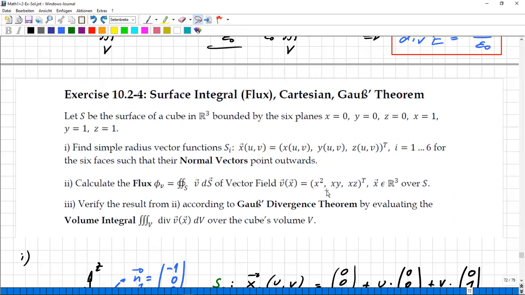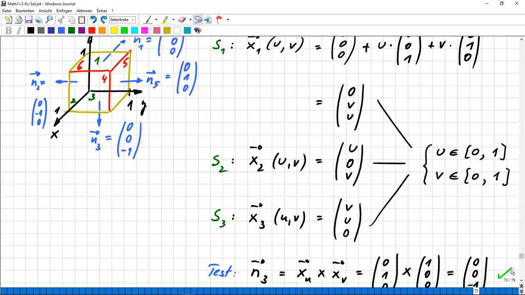In this case, in the sketch, it means that at face number 4, the front face, you imagine all these radius vectors coming from the origin and pointing to this surface number 4, to the front, okay?